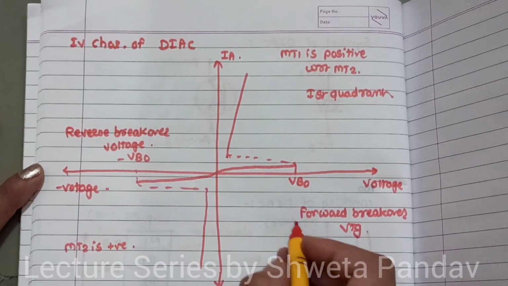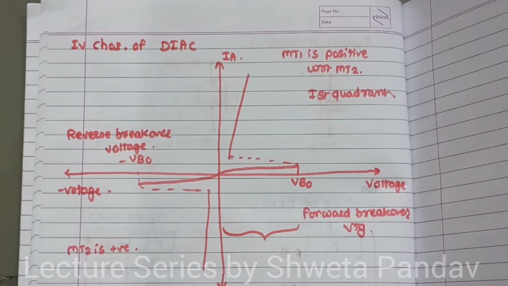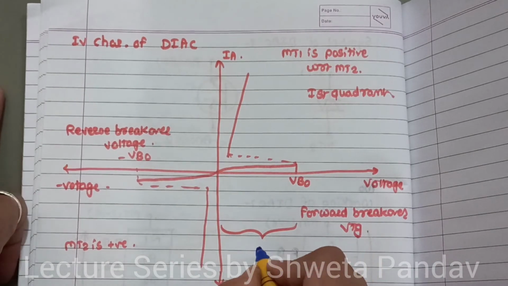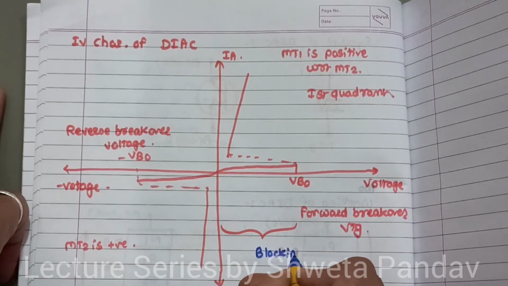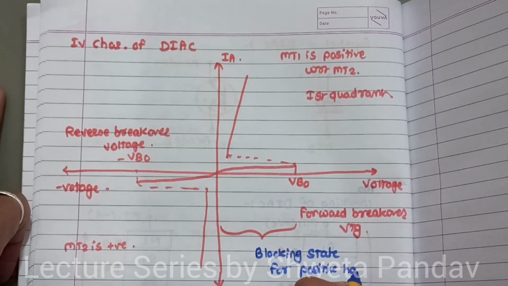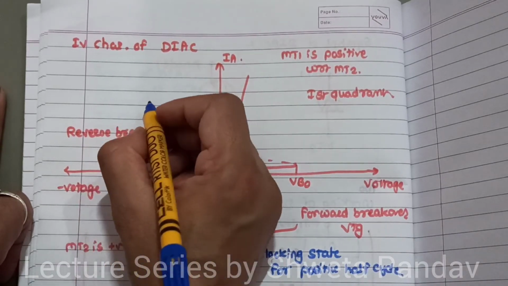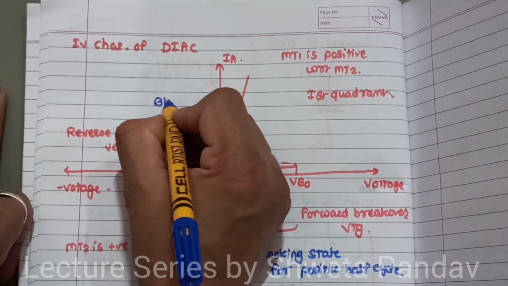This state is called the blocking state for the positive half cycle, and this state is called the blocking state for the negative half cycle.